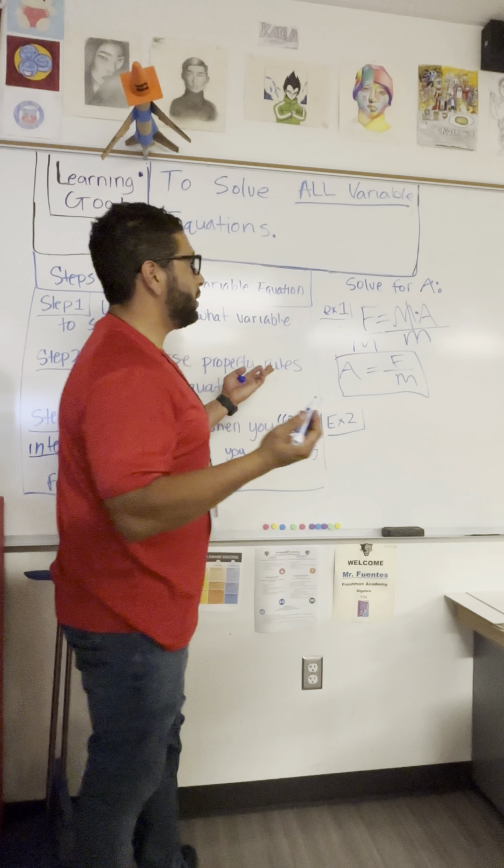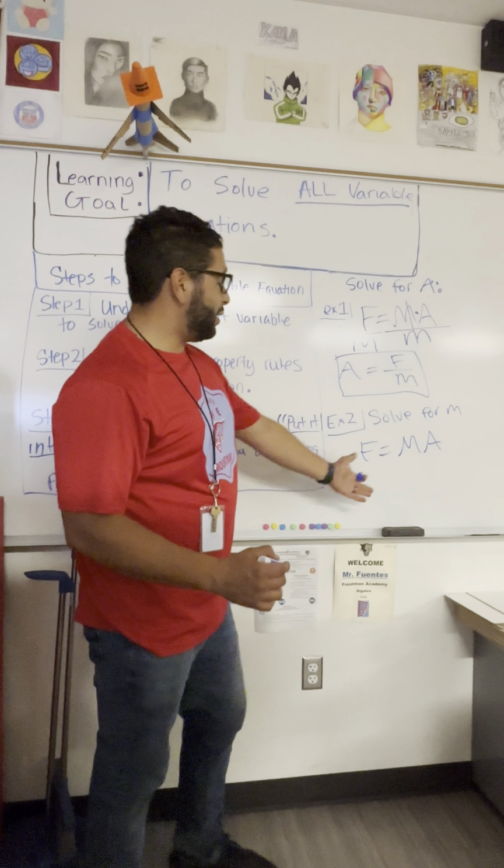And you could solve for any letter in that. Like say, this time I'll solve for M. So let's solve for M. F equals M times A. It's the same thing, but just the opposite.